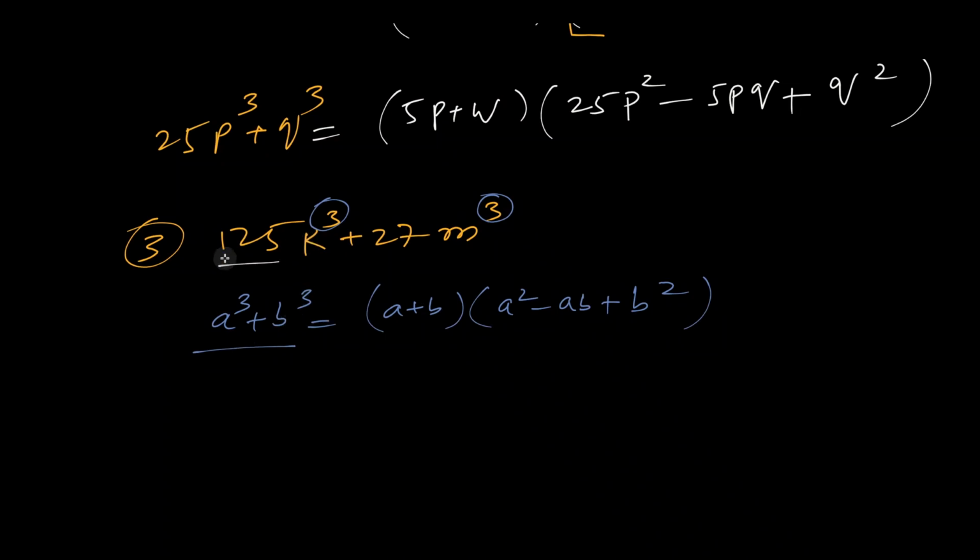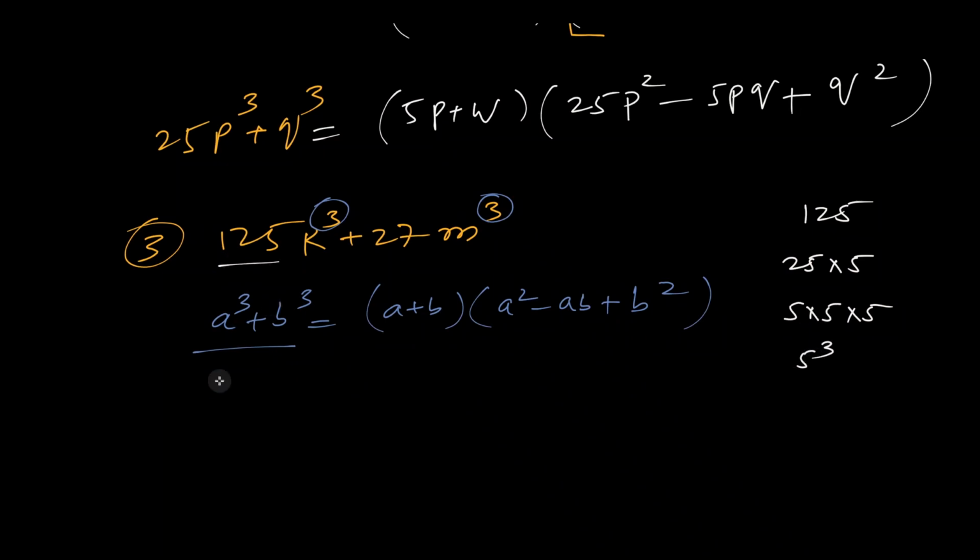We know the k cube, but we don't know the cube form of 125. So first we'll take 125 and find it in the form of a cube. This is very easy because 25 into 5 is 125, and we can split 25 further into 5 into 5, then again 5. The same we can represent using 5 cube.